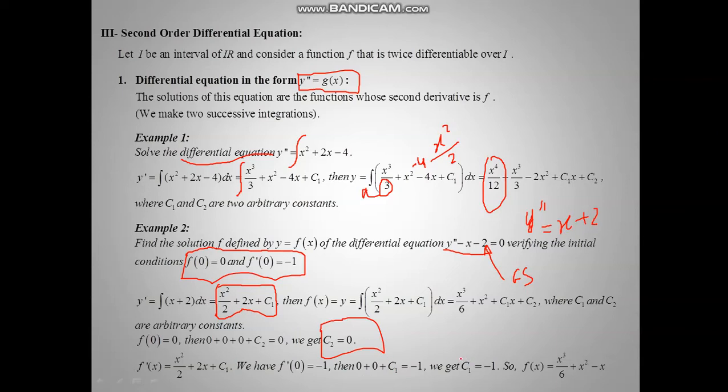We replace c1 and c2 in the general solution to get the particular solution of the differential equation.